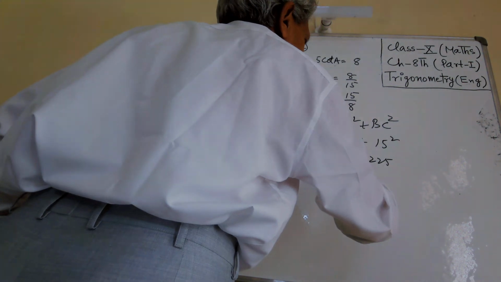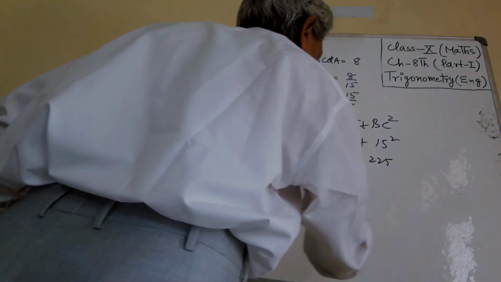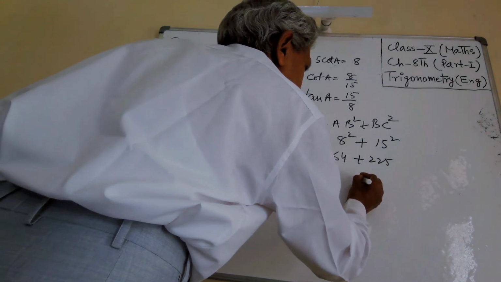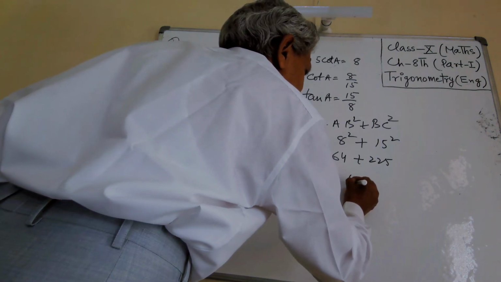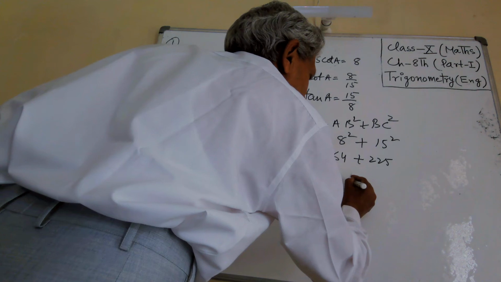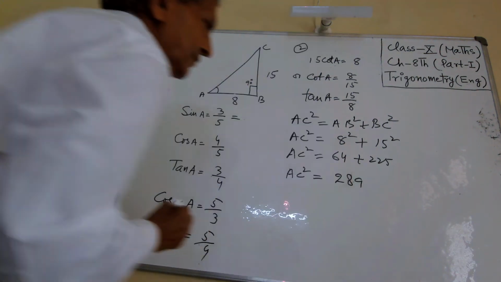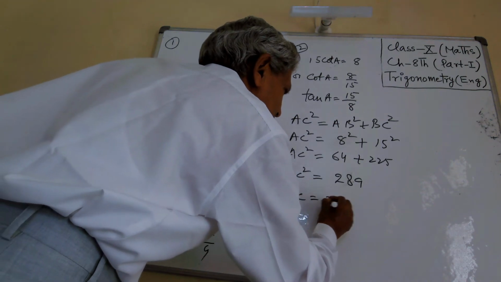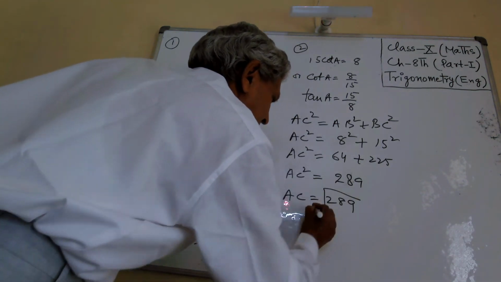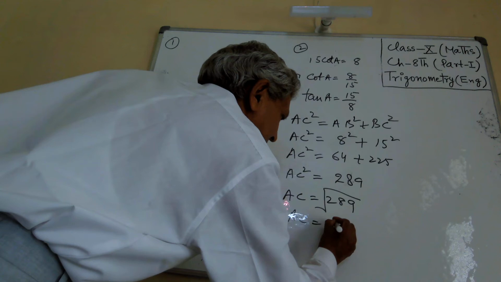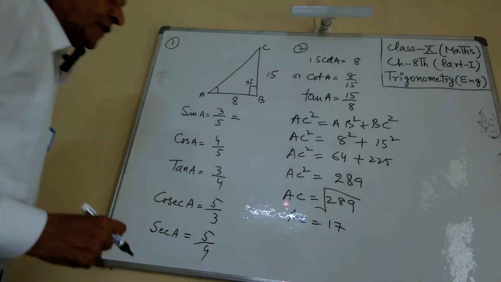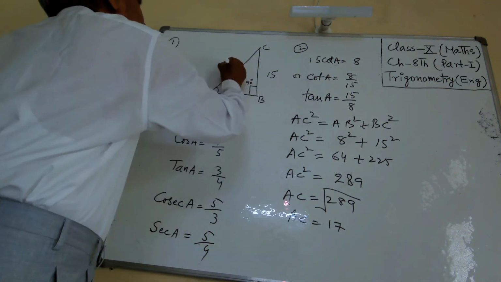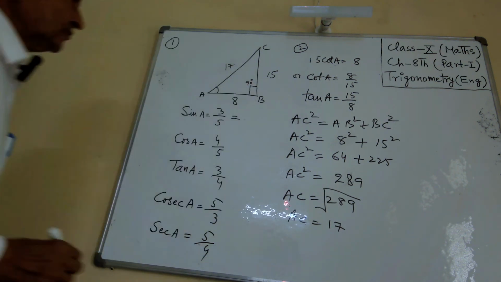Find out the squares, 8 into 8, 15 into 15. AC square is equal to 289, and AC is equal to root 289, and AC is equal to 17. If you find out the root of 289, you will get 17. Now this AC is 17. Write it down on the figure.